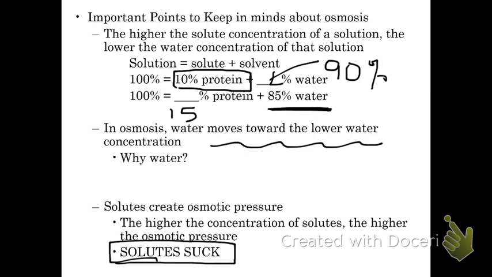That is, the higher the concentration of solutes, the higher the pressure, and that is going to pull the water toward it. So if you have a high concentration of salt, the water is going to be drawn toward the salt, toward the solutes. The solutes are going to suck the water toward the higher concentration of solutes.